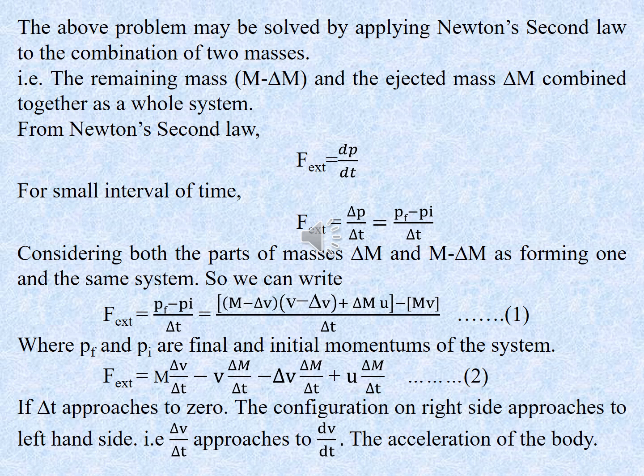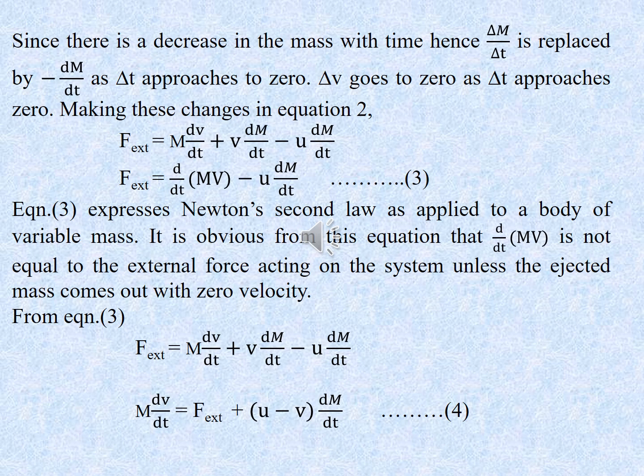That is, delta v by delta t becomes dv by dt, which is the acceleration of the body. Since there is a decrease in mass with time, delta m by delta t is replaced by minus dm by dt as delta t approaches 0. Delta v goes to 0 as delta t approaches 0.